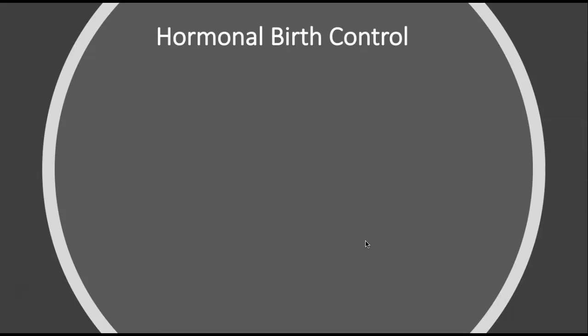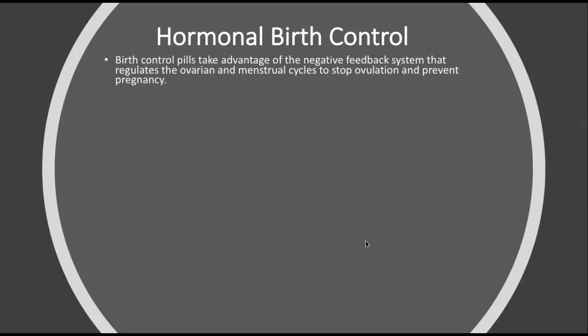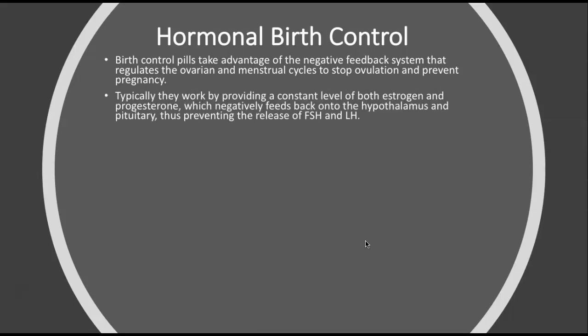And then lastly, how do we not talk about hormonal birth control? I'm sure most of the females are very familiar with this, but it's still something for everyone to look at. Birth control pills take advantage of the negative feedback system that regulates the ovarian and menstrual cycles to stop ovulation and prevent pregnancy.